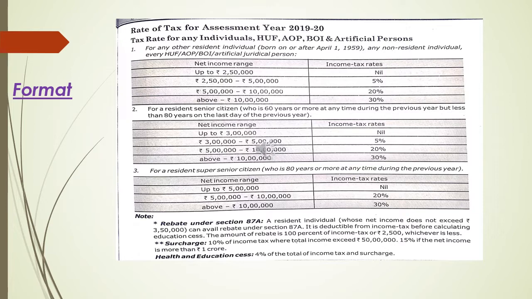And surcharge, which is also called tax on tax, is 10% of your income tax if your total income exceeds 50 lakhs, and 15% of your total tax if your income exceeds 1 crore. And health and education cess is at 4%. These are the basic concepts you should be aware of before calculating the problems.